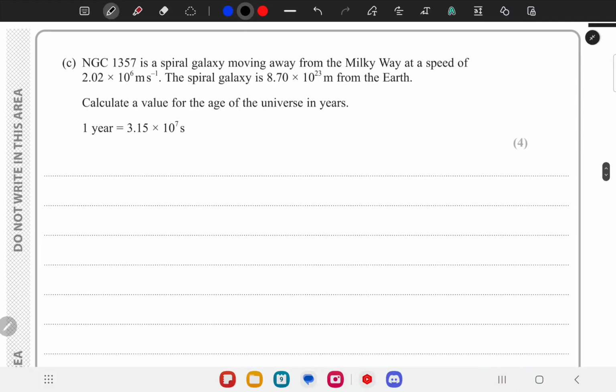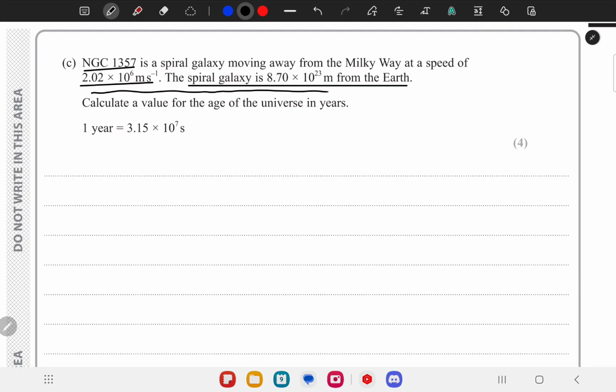Now in part C, we are given that NGC 1357, a spiral galaxy, is moving away at a speed of 2.02 × 10^6 meters per second, and that it is 8.7 × 10^23 meters away from the Earth.